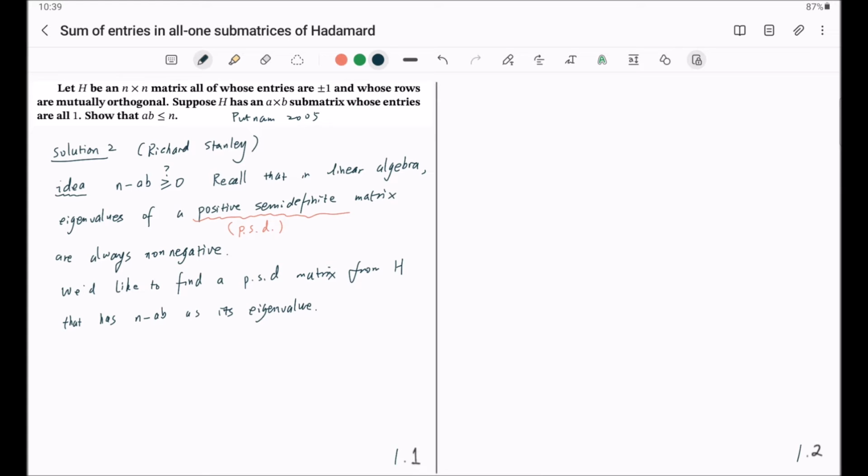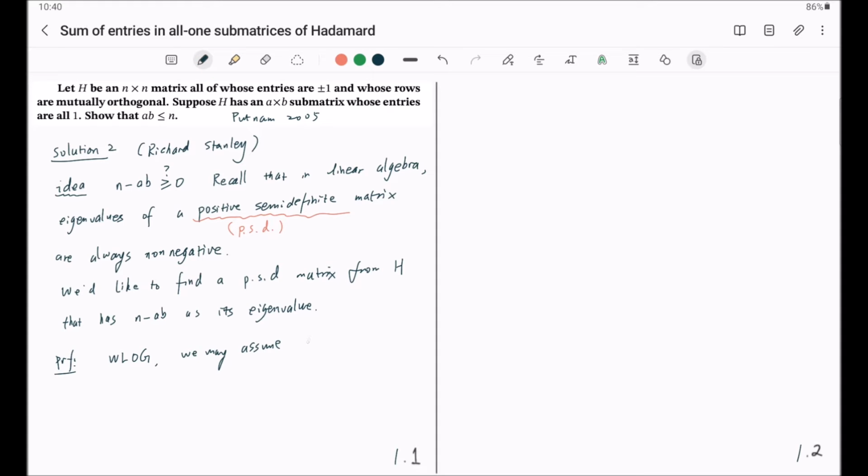To do this, first we observe that without loss of generality, we may assume, remember, by hypothesis, H has an A by B submatrix whose entries are all equal to 1.